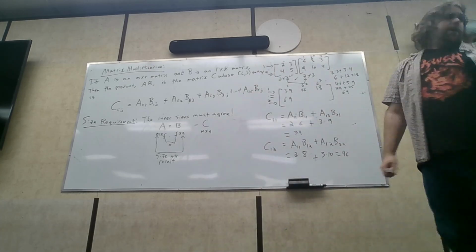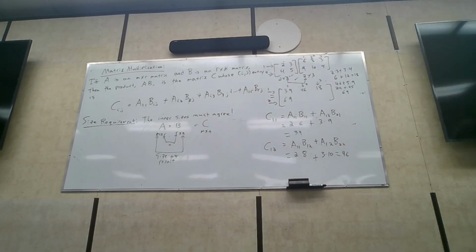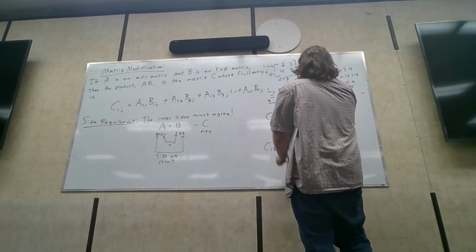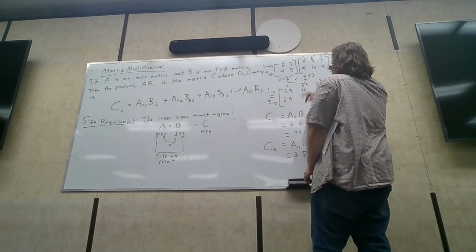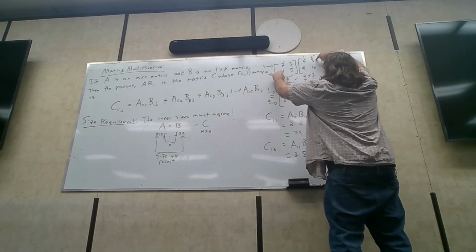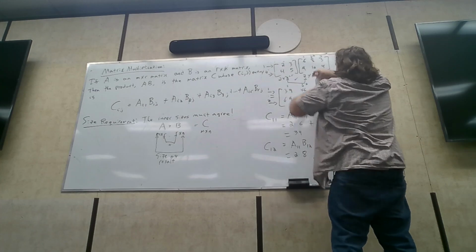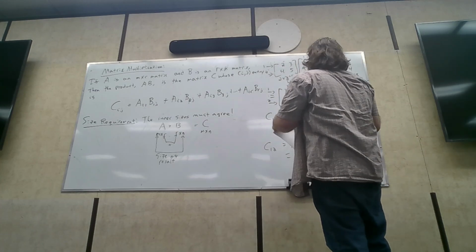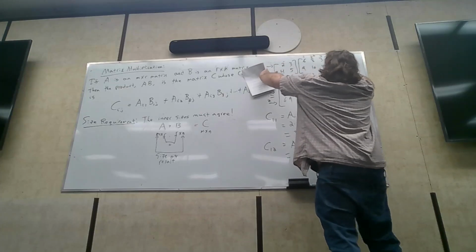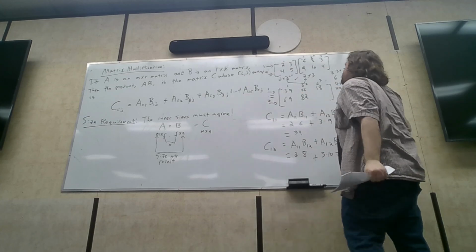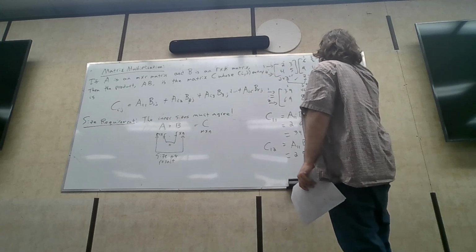Then we just keep going. Next one is 82: row 2, column 2, row 2 in the left, column 2 in the right, 4 times 8 plus 5 times 10, which is 82. And this last one, 4 times 3 plus 5 times 2, which is 32.